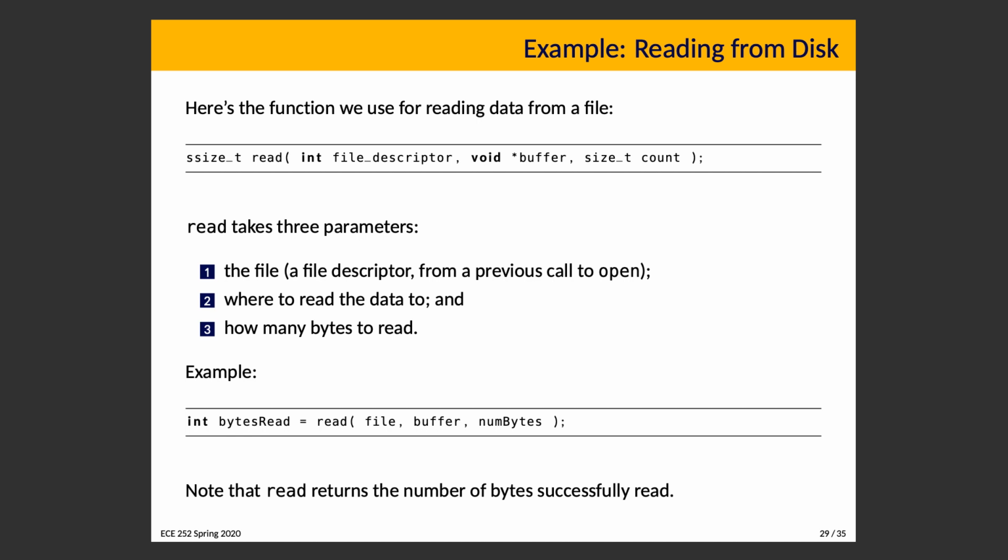So you'll notice in the example, int bytes_read, so we're assigning the return value from read with this file into this buffer, this many bytes. And the number of bytes successfully read might not be exactly the same as the number that you asked for. Why is that? Well, you might have asked to read 1,000 bytes, but the file in question only contains 200. We'll only read 200 bytes, and we'll be told, yep, we read 200 bytes. That is fine.